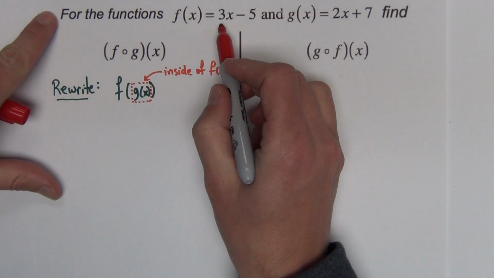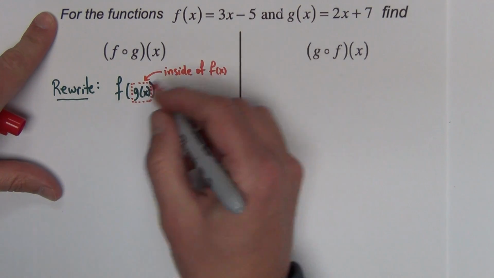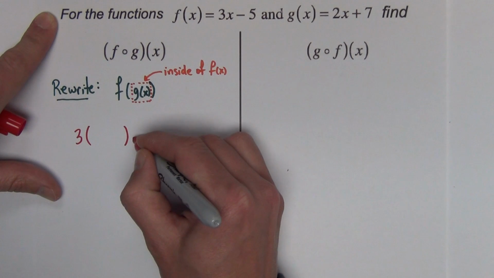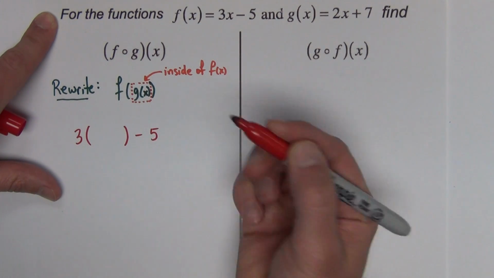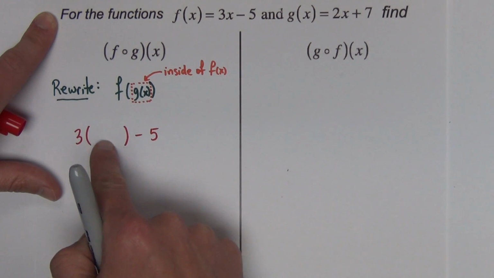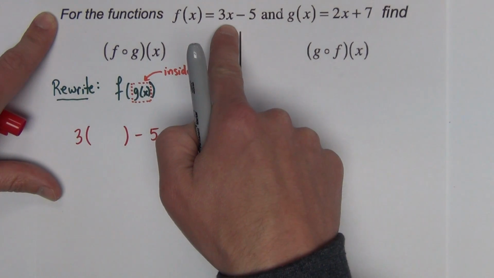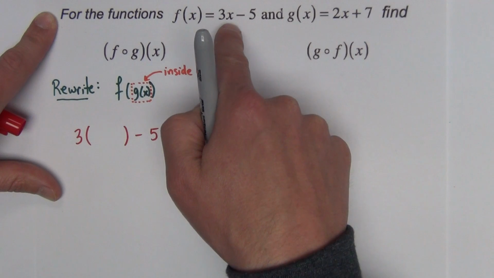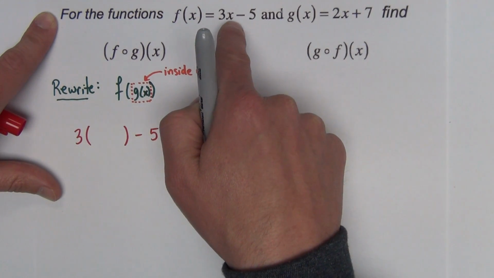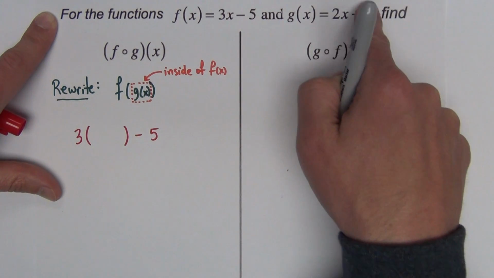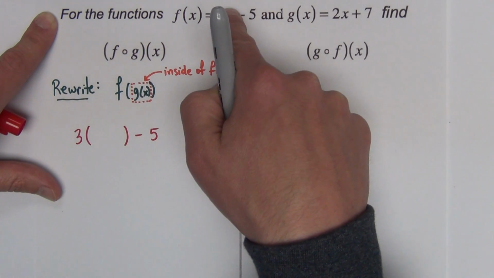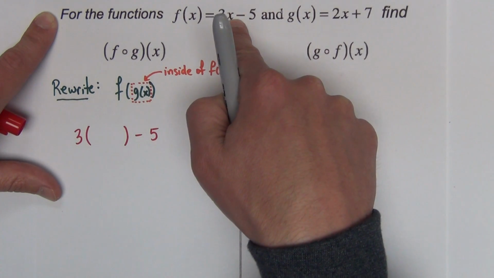So looking at the f of x function, 3x minus 5, I'm going to write it like this, 3x minus 5. The open parentheses is where the x was located. Now into the function's x, or replacing the function's x, is going to go this g of x function. So I'm going to put 2x plus 7 into the x here.